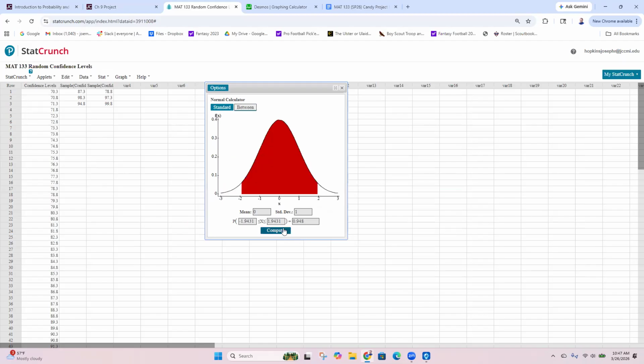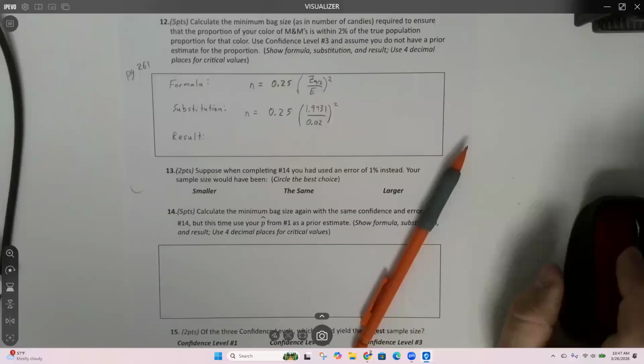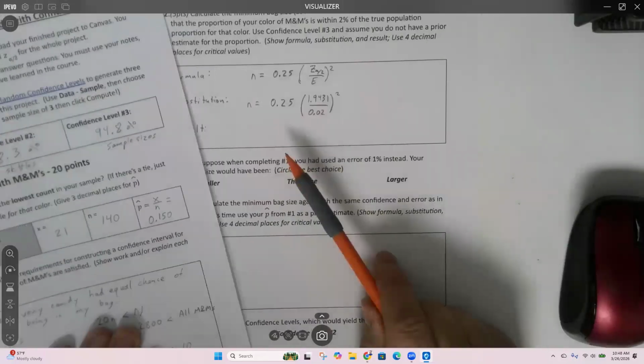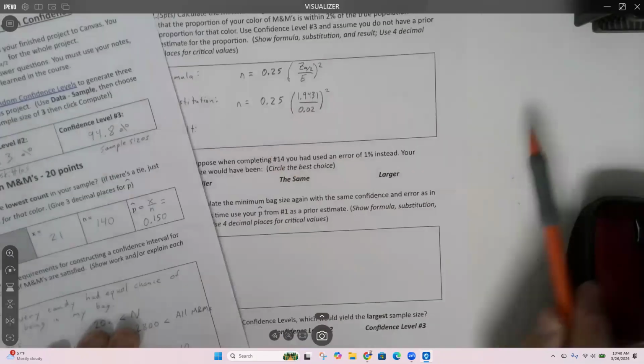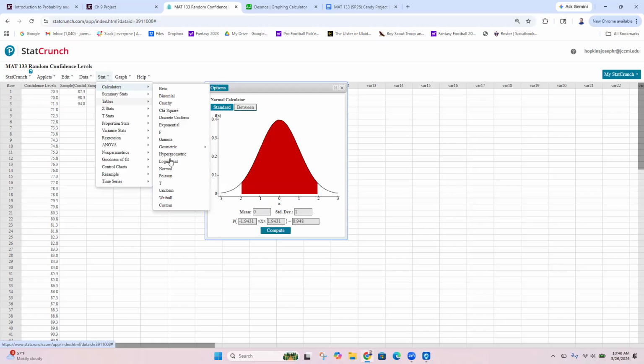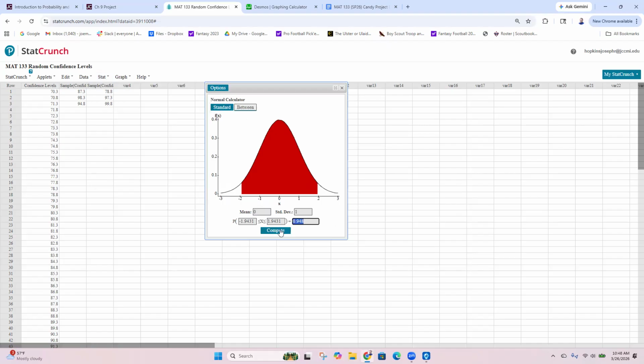And my Z alpha over 2 is 1.9431. So I'm using this confidence level, I put it into my calculator, Stat Calculators Normal, put that in right here for my between, hit compute, and this is my Z value.